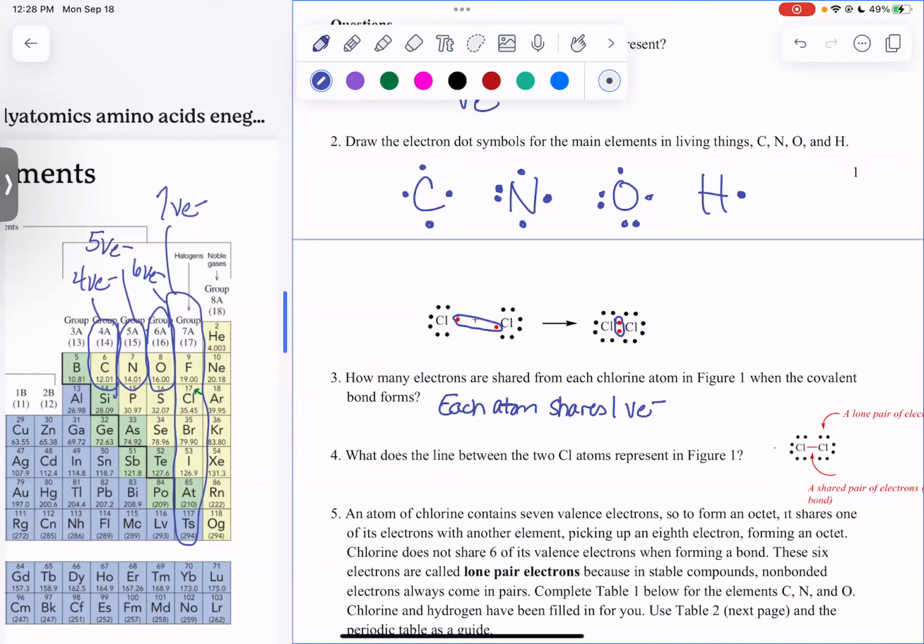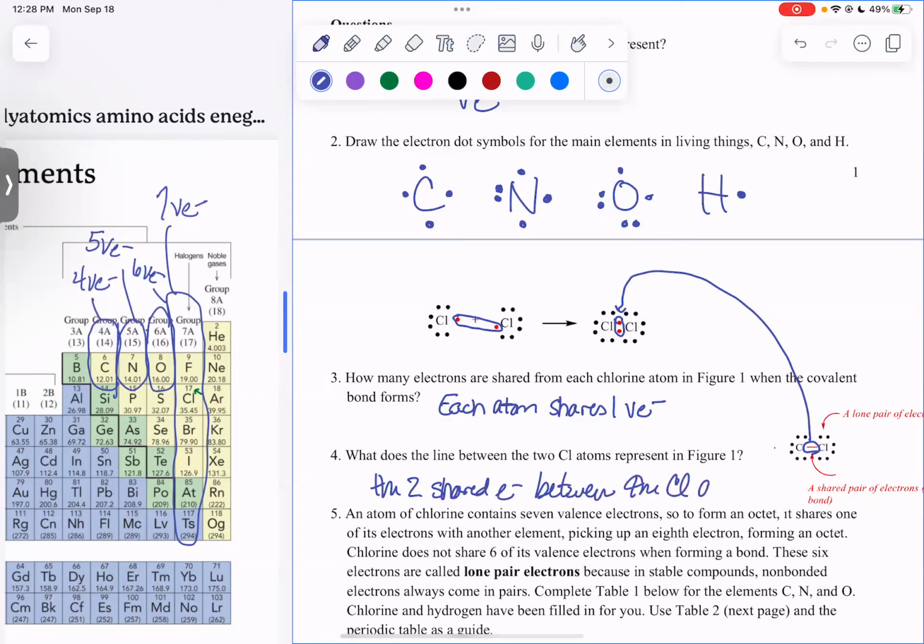So what does the line between the 2 chlorine atoms represent? So here's the line. That line was these 2 red dots. So the line represents the 2 shared electrons between the chlorine atoms. So they're just the shared electrons, and that's what makes a covalent bond, is that it's a shared pair of electrons.